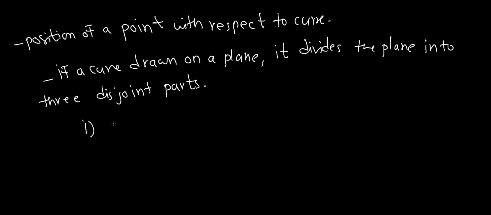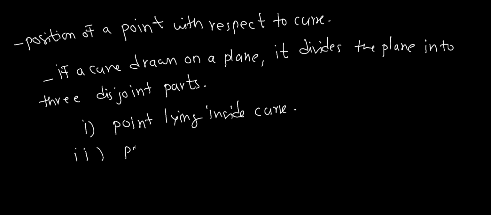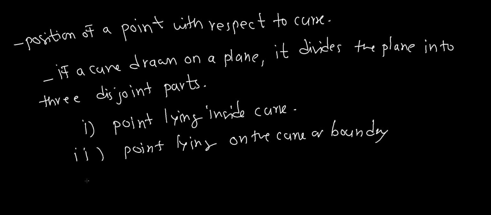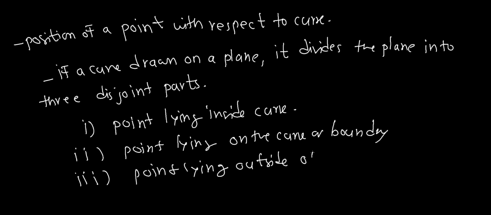First, a point lying inside the curve. Second, a point lying on the curve or its boundary. And third, a point lying outside of the curve.